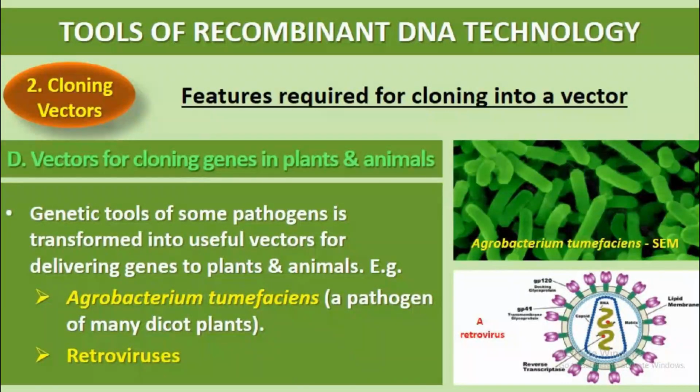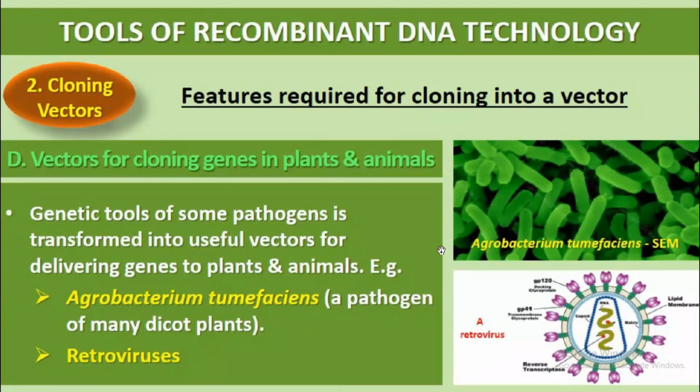The last quality or last feature required for cloning into a vector. Agrobacterium tumefaciens is a bacterium. It is a pathogen of many dicot plants. The genetic tools of some pathogens are transformed into useful vectors for delivering genes into plants and animals.